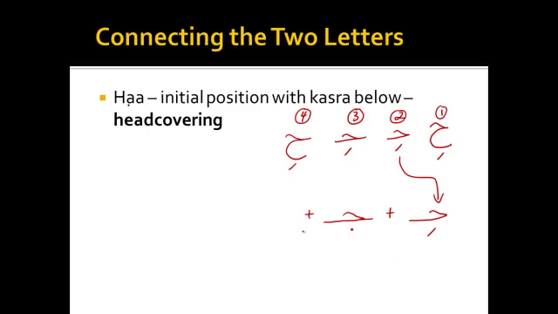And after the jim we hear an alif sound. Hijab. The a sound. And so we're going to connect here and go up. And then we hear a b sound at the end. Hijab. B. And we're going to add a ba.